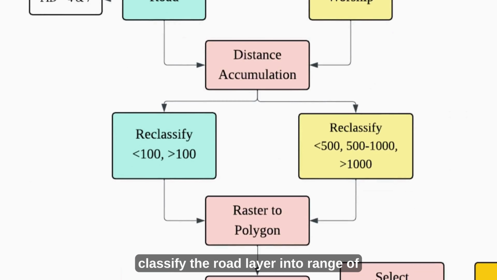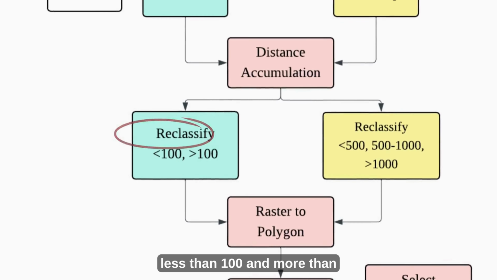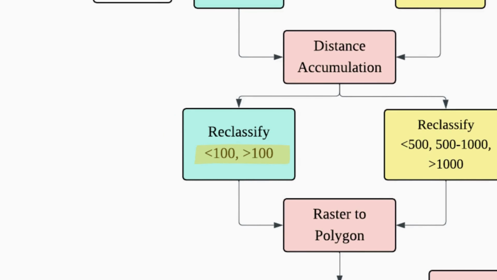We classify the road layer into range of less than 100 and more than 100.